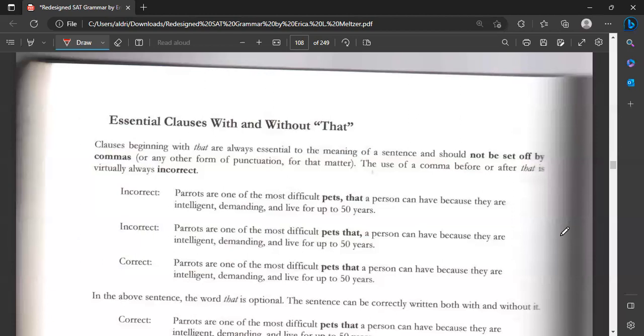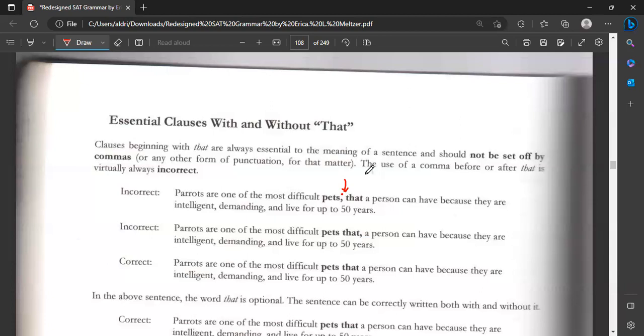So let's look at an example. "Parrots are one of the most difficult pets that a person can have." The problem with this situation here is that when you do that, it seems like you've ended the clause right there. "Parrots are one of the most difficult pets" could be a sentence.